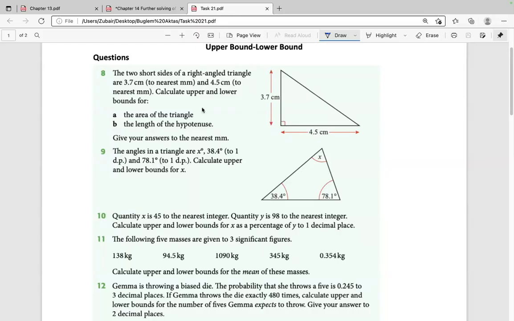Can you share what lengths you are using? 3.7 upper and lower? Oh, 3.7 plus 0... Nearest millimeter. Yes.